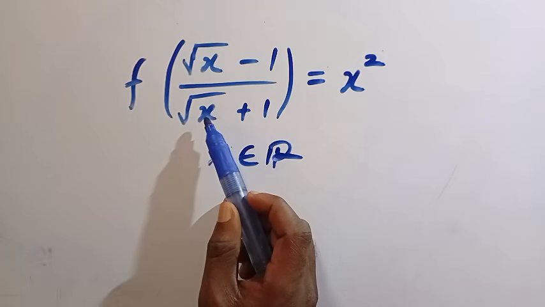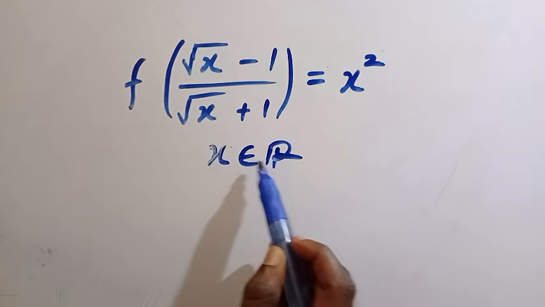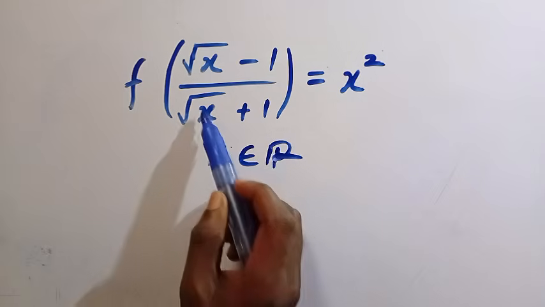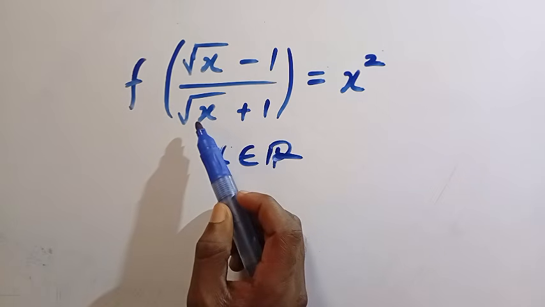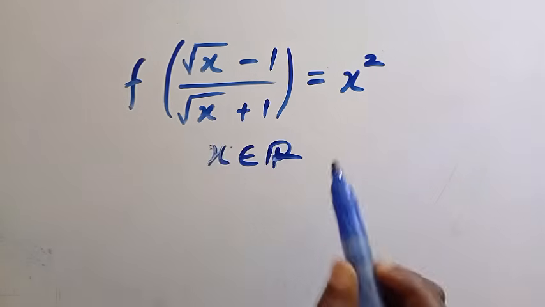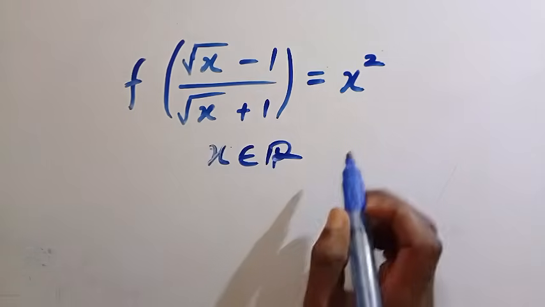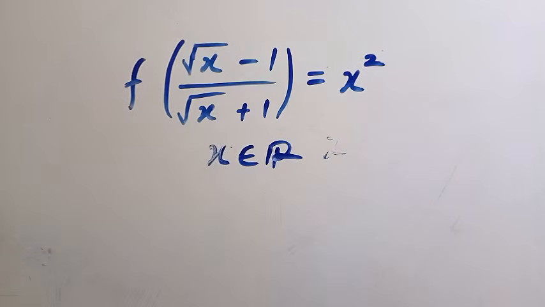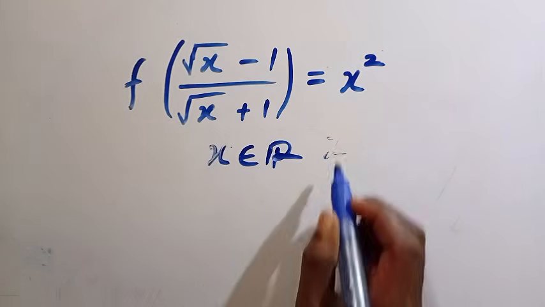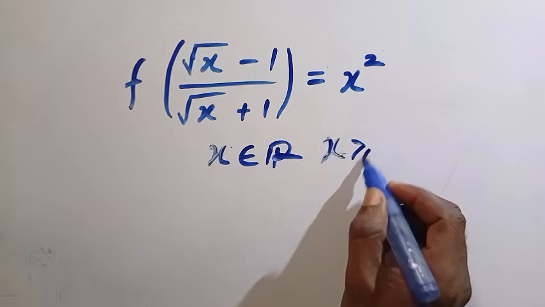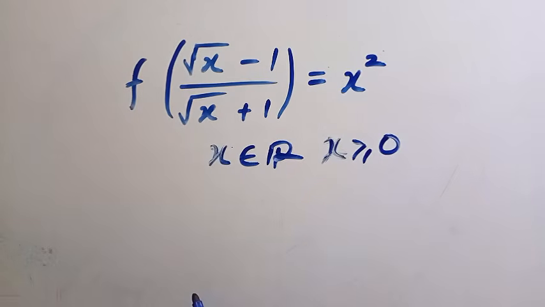When we insert a negative value here, we are going to have complex values, and since x is a member of the real numbers, we don't have to care about that. So this shows that the domain of this equation is x greater than or equal to 0.